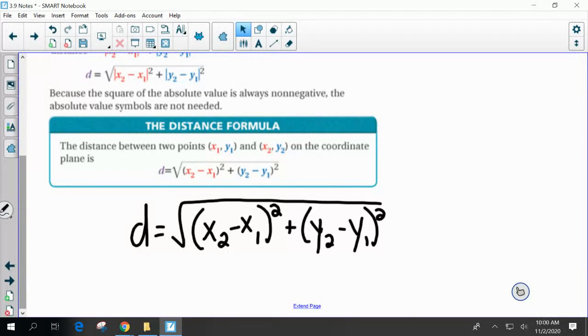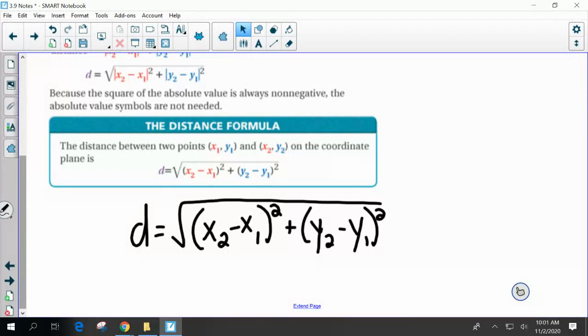These little 2's and 1's at the bottom of the variable, those don't mean square. That means your second x minus your first x, and this means your second y minus your first y. The little 2's at the top do mean squared, but the 2's and the 1's underneath your variable just mean second x minus first x.